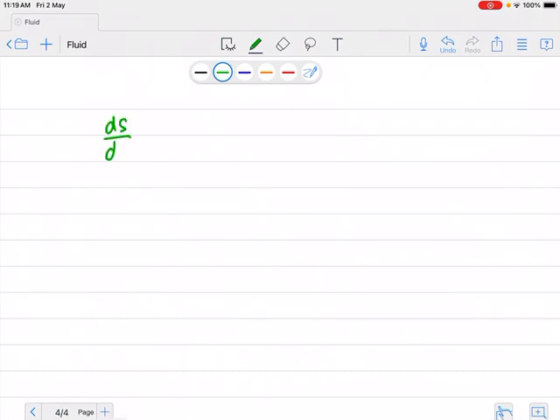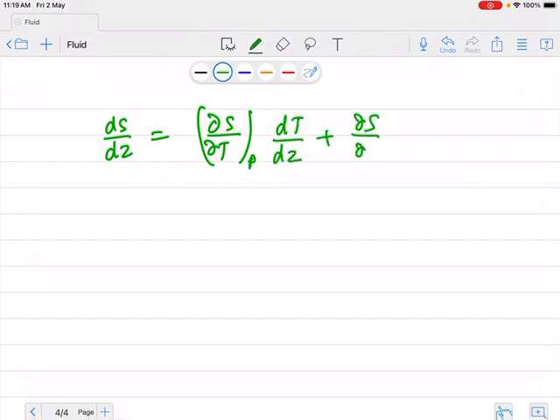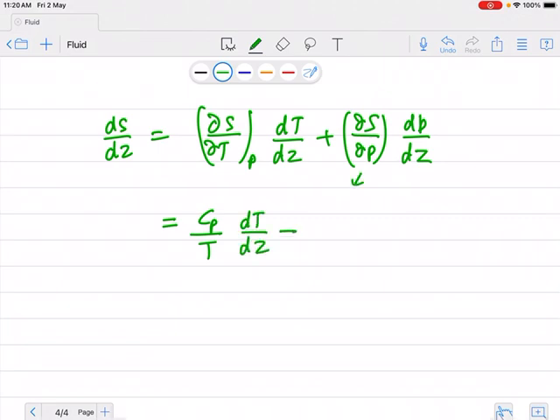So dS over dz is equal to dS over dT times dT upon dz, plus dS over dP times dP upon dz. So it is Cp upon T times dT upon dz, plus del V upon del T, and it is greater than 0.